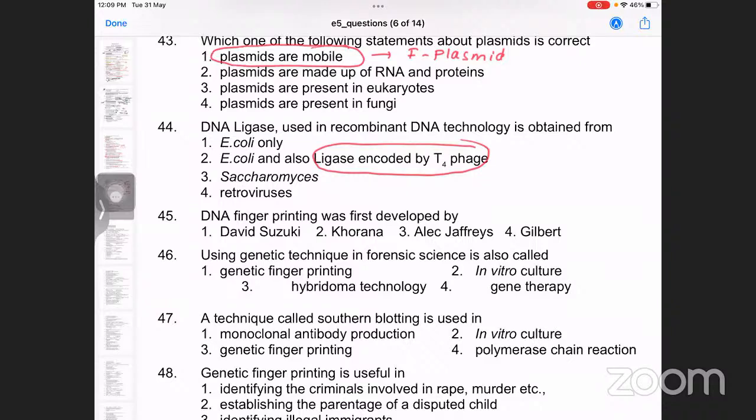So the DNA ligase enzyme used in recombinant DNA technology is extracted from E. coli, which is encoded by T4 phage.